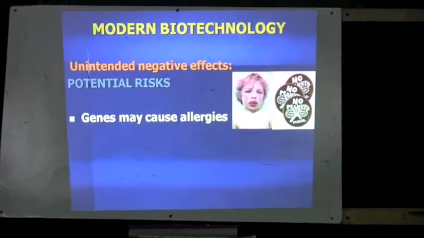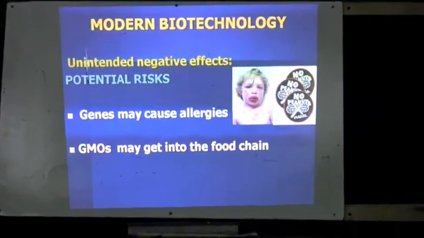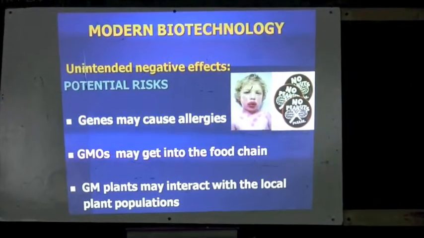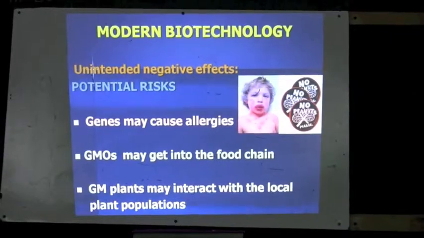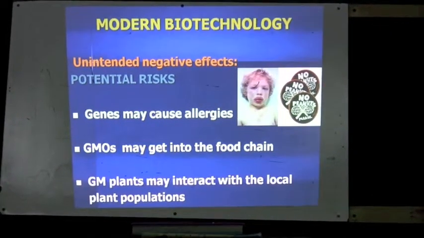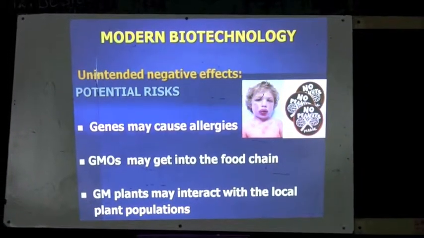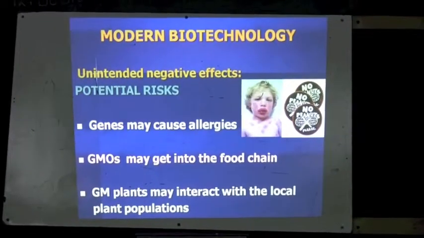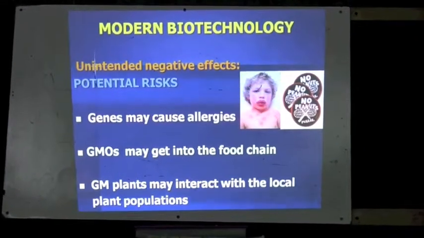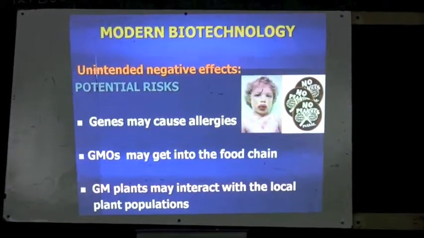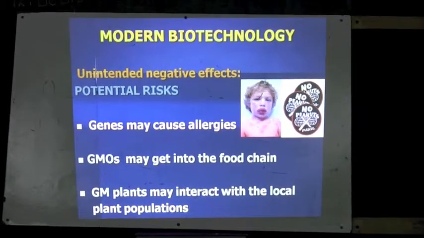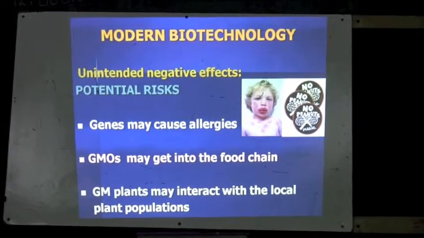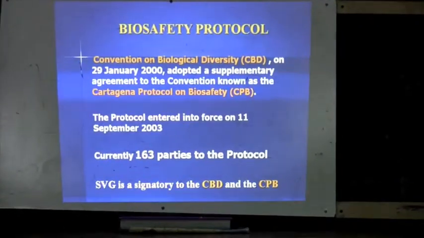Things such as genes may cause allergies. GMOs may get into the food chain, and you can have GMO plants that may interact with the local plant population, and of course these can become invasive. They can wipe out your local population, which you need for pollination purposes and other things. So the environment as a whole can be disrupted because of unintended negative effects of the use of LMOs and genetically modified organisms within the environment.